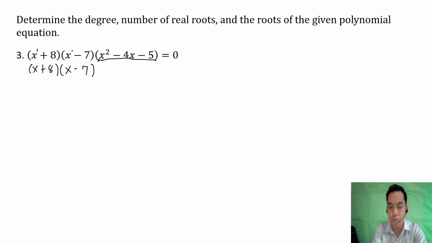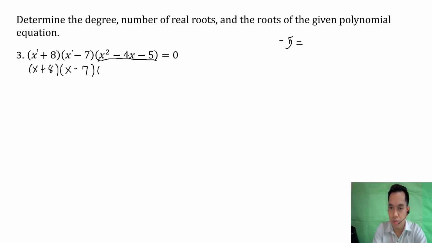So, therefore, ito ay quadratic factor. What we are going to do is to get the factor of this x squared minus 4x minus 5. Kukunin natin ang kanyang linear factor. Okay, so ang technique lang dyan, class, dito ka mag-base sa last term mo, yung negative 5. Hanapin, ano yung mga factors ni negative 5?